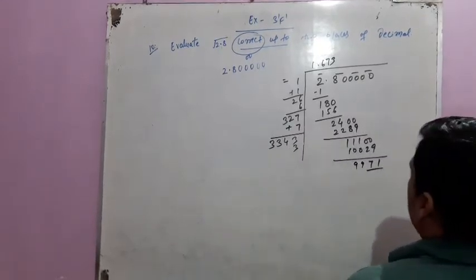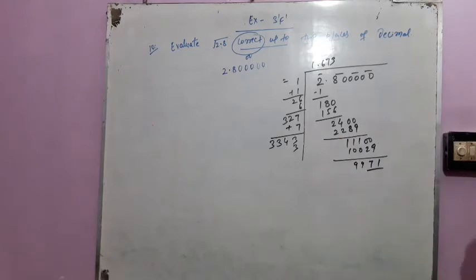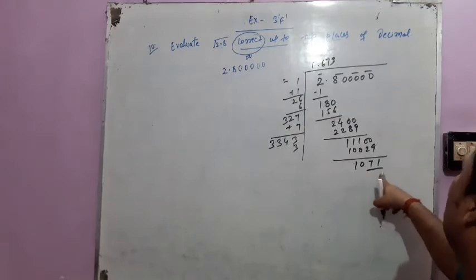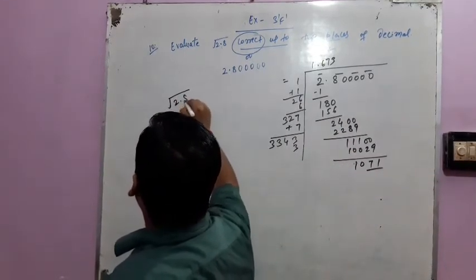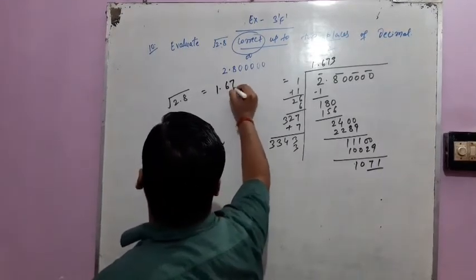Okay, student, 9,971 here. Okay, student, now here the remainder is 1,071. So, if we take the value of the square root of 2 decimal 8, we will get 1.673.